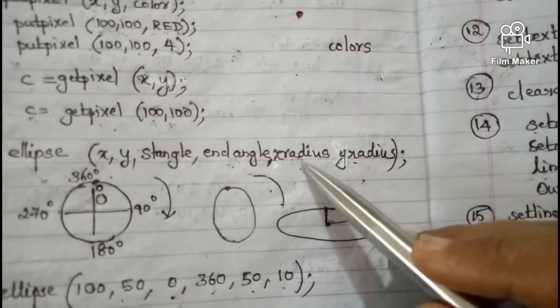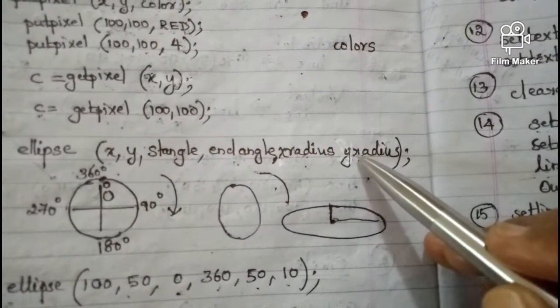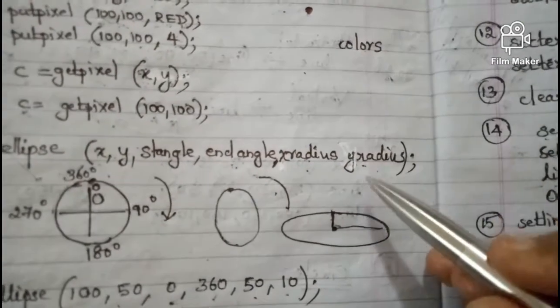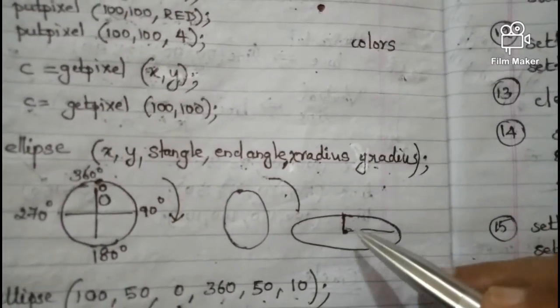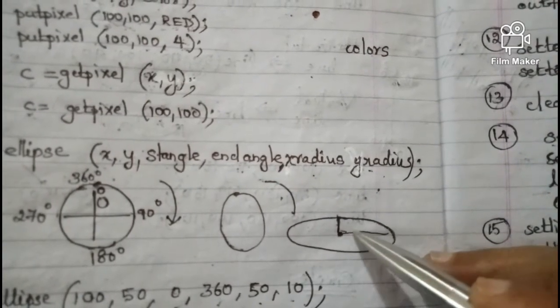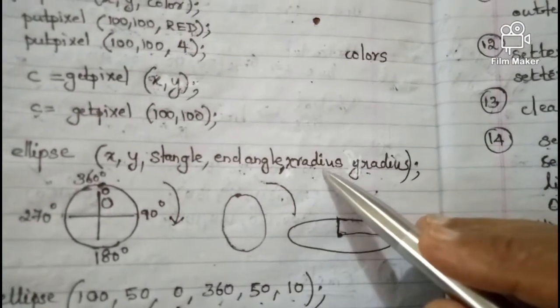Now let me move on to x radius and y radius. We all know that every circle has only one radius, but an ellipse has 2 radii. One radius is along the horizontal direction, that is in the x direction. It is known as x radius.